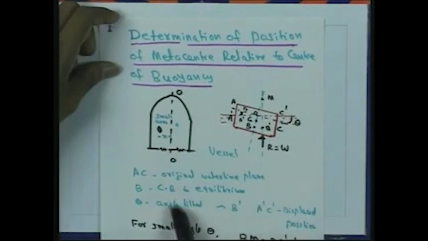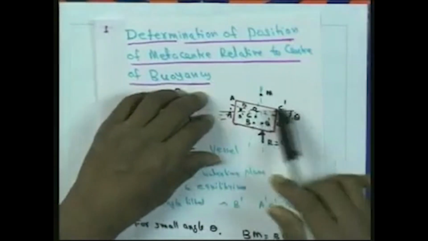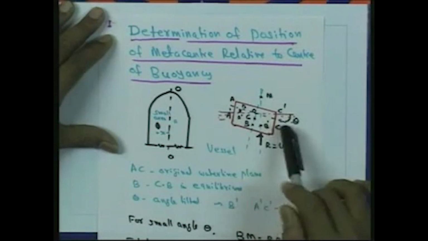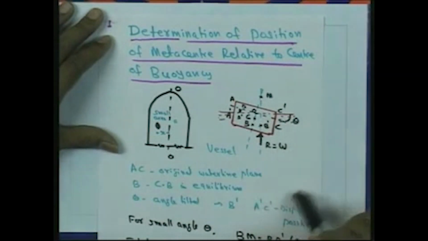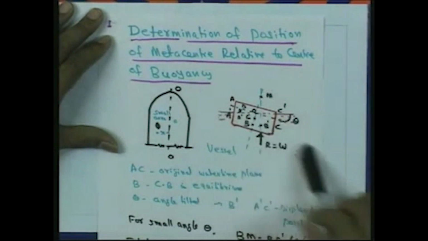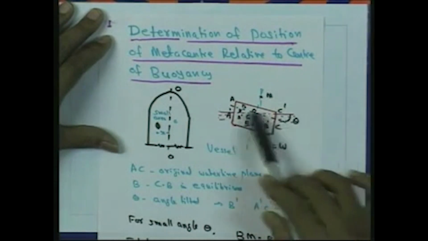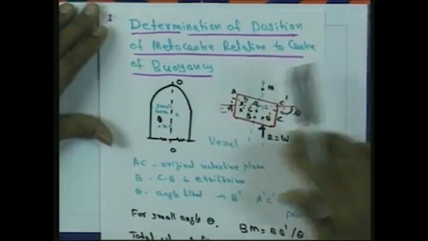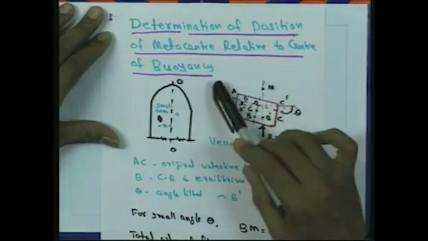A small tilt theta is given, and that is the angle of tilt. The vessel is slightly tilted towards the right, and A dash C dash is the displaced position of the vessel. Now we want to determine the position of the metacenter relative to the center of buoyancy.